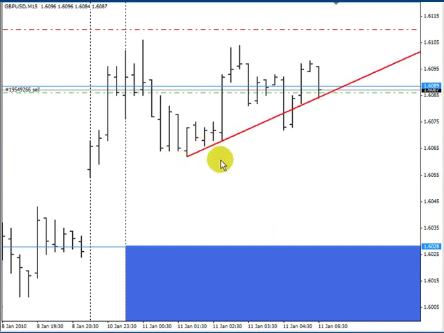I had that in place, and I also had this possibility in place as well. So this is what I want you to take a look at. Look, trend line tested, trend line tested, got it? Trend line tested, trend line broken, and I went short. Okay?